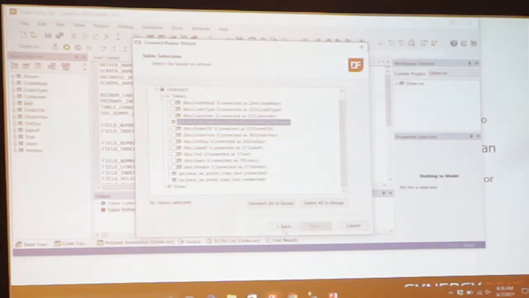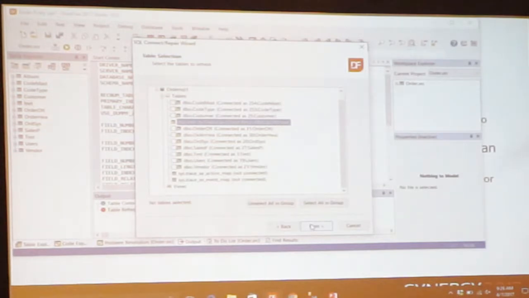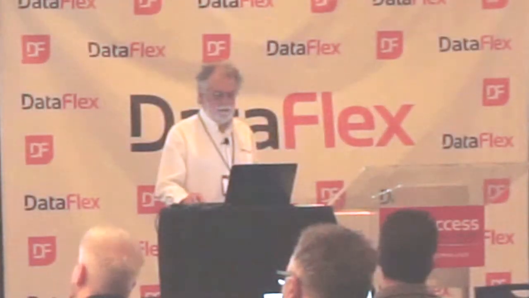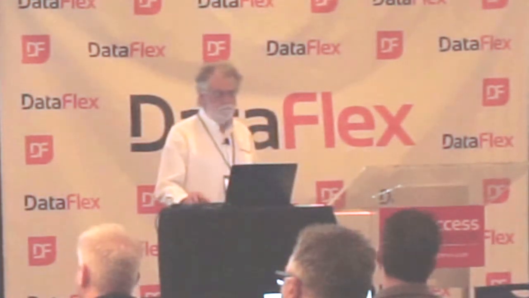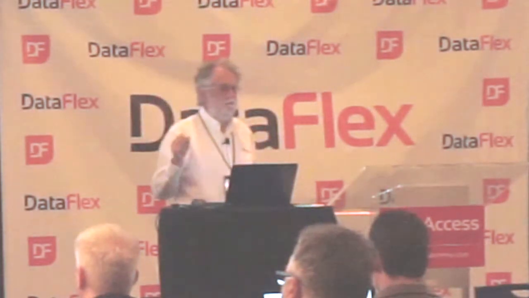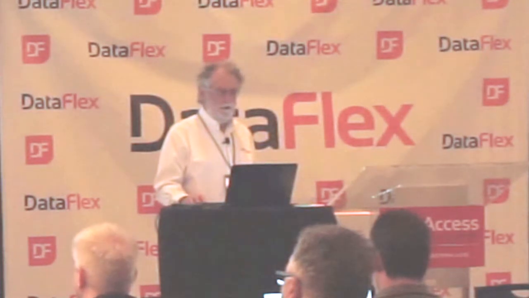I messed this one up so much that I'd have to go into custom. What I'm going to do is repair something that doesn't need repairing, like order these items.